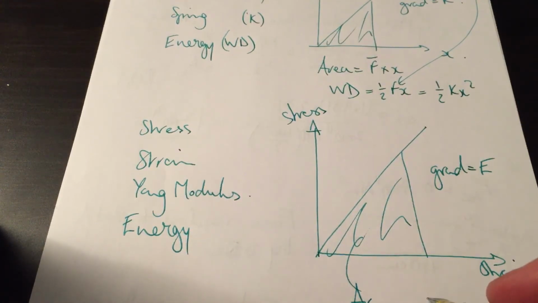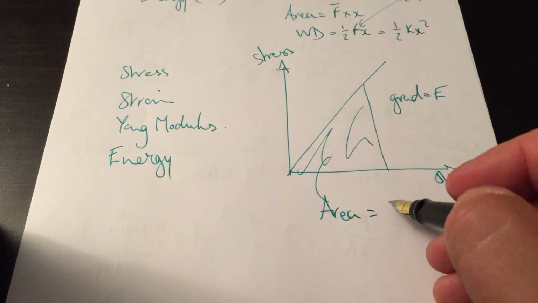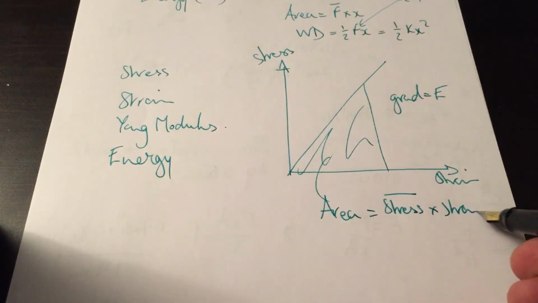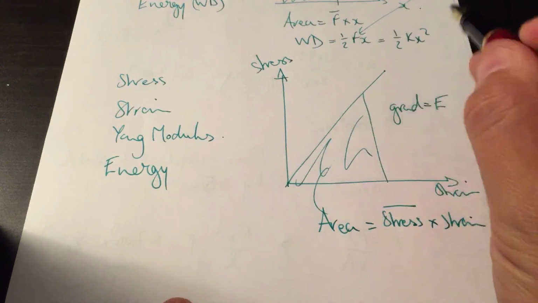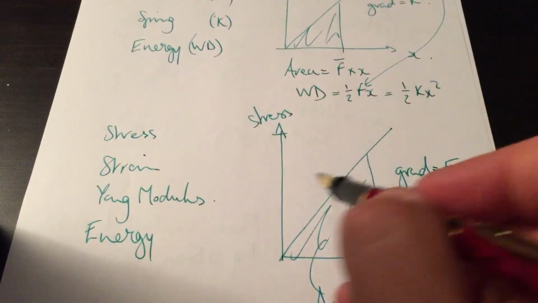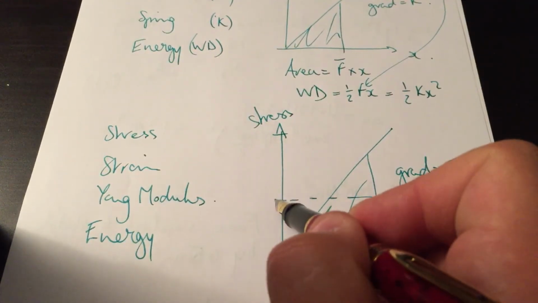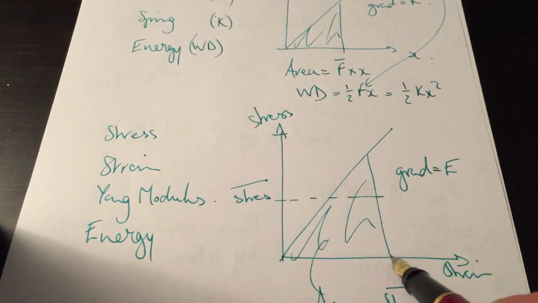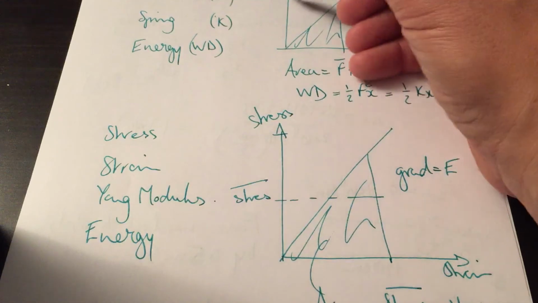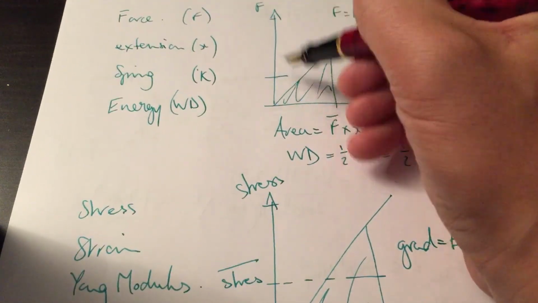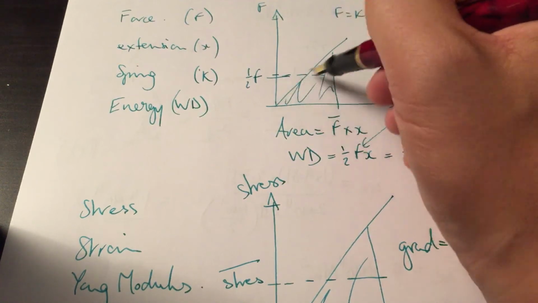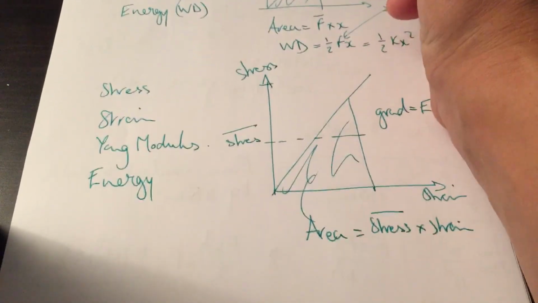And the area is the stress, the average stress, times the strain. Because, of course, this is changing, like that's changing. So we want to find an average stress and multiply it by the strain, therefore giving us the whole area, like we did up here, where we were looking for a half F, because that would give us the equivalent of the entire area, given a triangle.